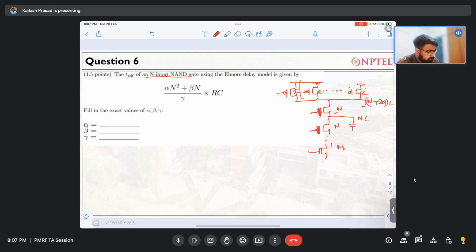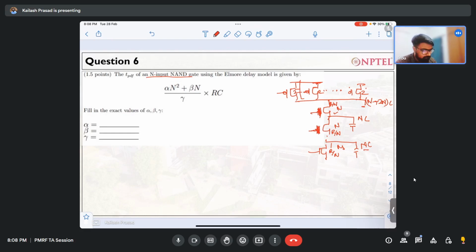Similarly, all the nodes will have n times C capacitance, whatever the size of the transistor you will have. And if you see what is the resistance over here, R by n, here also R by n, and here also R by n, right? Because all the paths will be divided, the resistance will be divided into R by n, R by n, R by n, if the total resistance is R. So up to this we have.